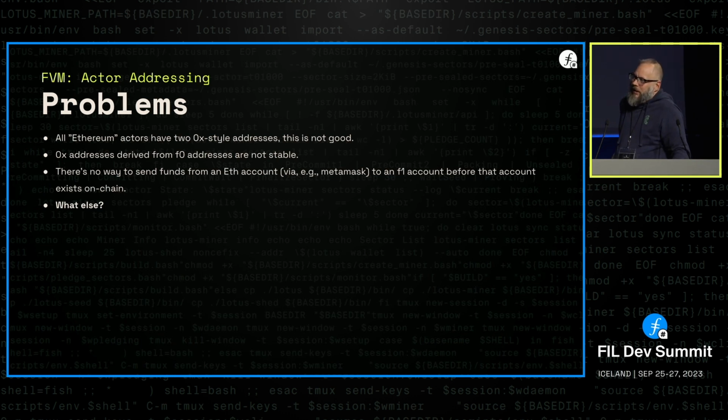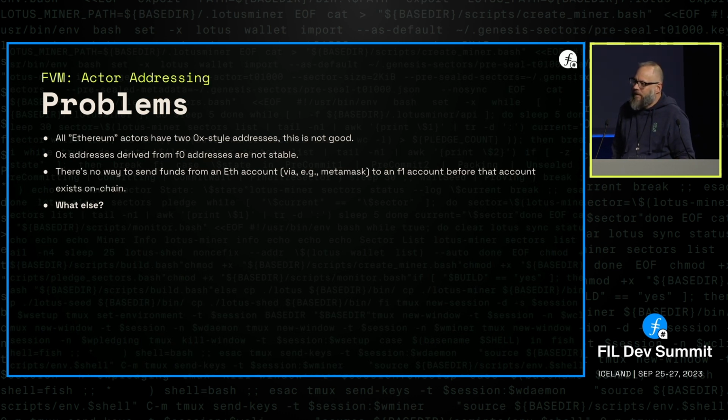The vast majority of the users I've come across are just going straight 0x addresses to F4 addresses because that's all they're dealing with. They're only sending to F1 addresses if there's a very specific reason to do so, and generally that's not too much of an issue for them.